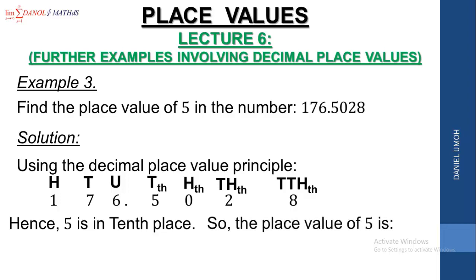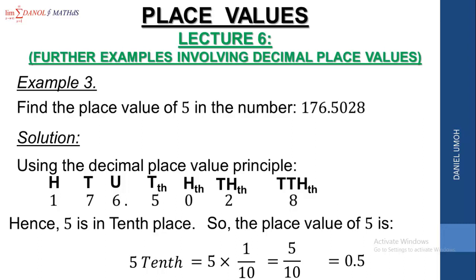It therefore means that the place value of 5 is 5/10, and 5/10 means 5 times 1/10, because tenth means 1/10. So 5 times 1 is 5, all over 10. So 5/10 is equal to 0.5. So therefore, the place value of 5 in the number is tenths, which is 0.5.